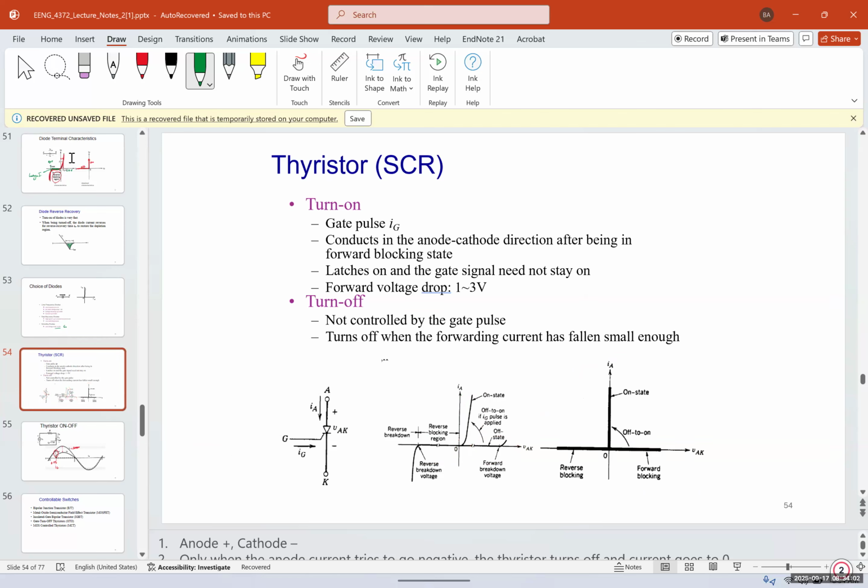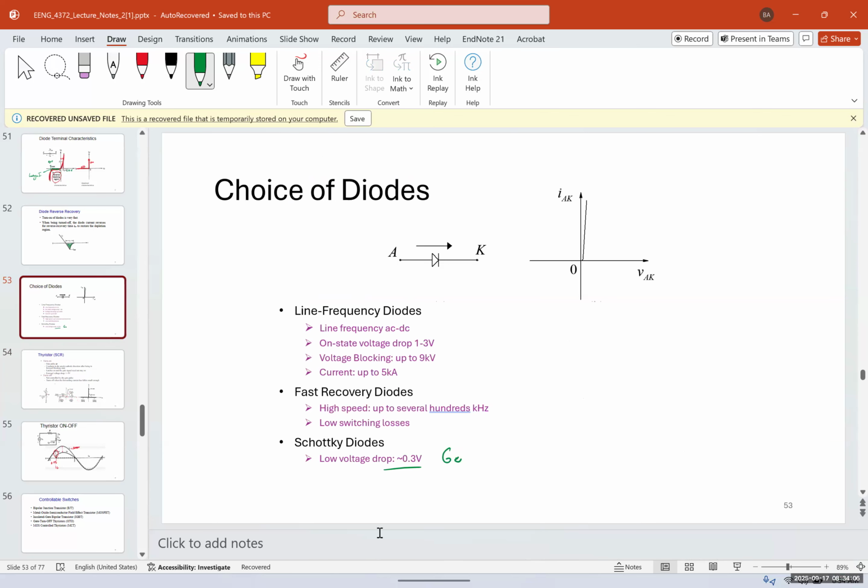So you're all familiar with diodes. They are mainly used in rectifiers and bridge rectifiers. Diodes are uncontrollable, meaning you don't have any control on when to turn it on or off. As soon as it's in forward bias, it's turned on. When it's in reverse bias, it's turned off.